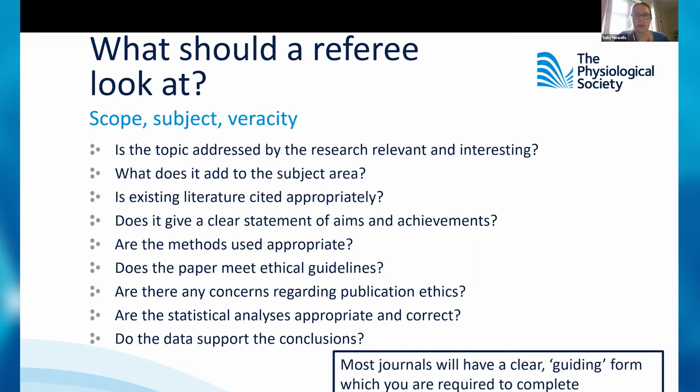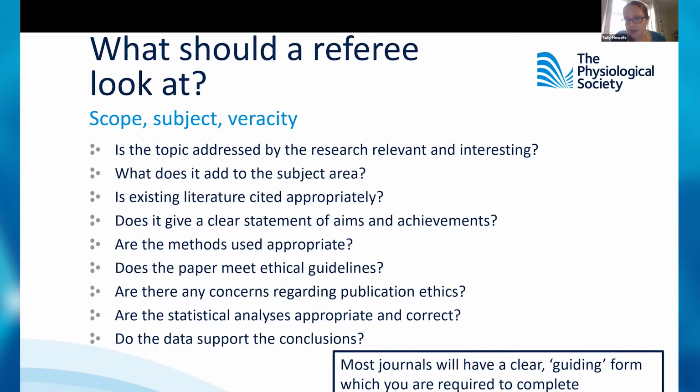Well, it's got to be interesting. What does it add to? You hopefully get a paper which is within your quite niche subject area, and does it really add something? Have they reviewed what else is out there appropriately? And does it give a clear statement of what they have done and how their manuscript advances the field? Have they used the right methods?